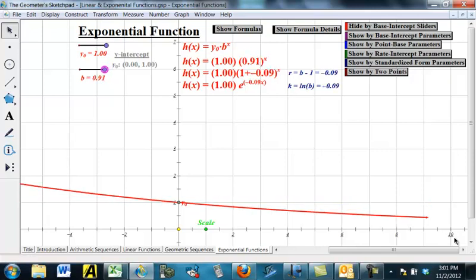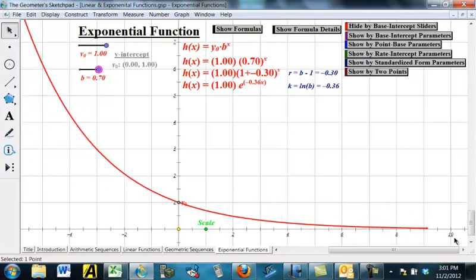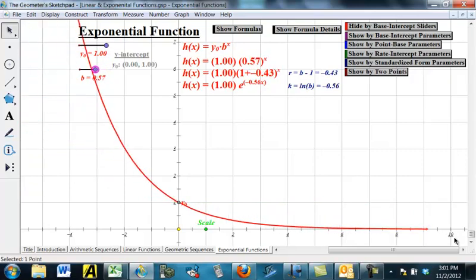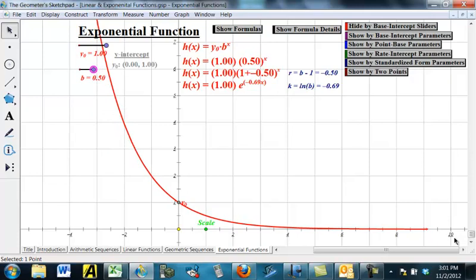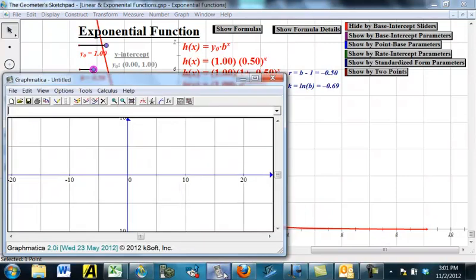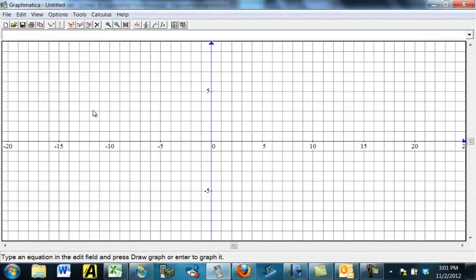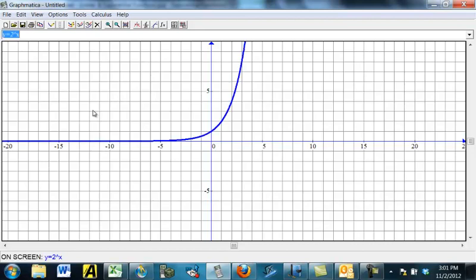But something interesting happens when you let the base be negative. Okay, so like there, it's -1/2. Let me pull up Graphmatica for a minute, and let's graph a couple of things. Y equals 2 to the power x, the one we just looked at.